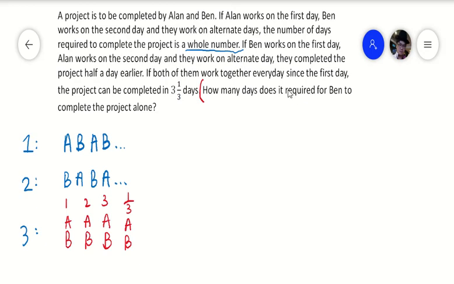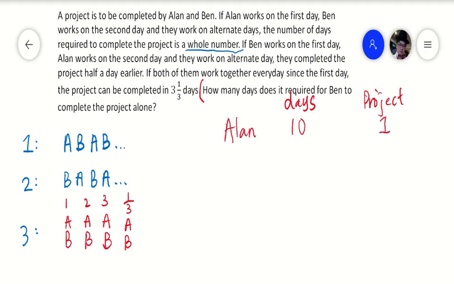Now, to solve this question, we need to understand a concept. For example, if Alan can complete the project in 10 days, this will be the number of days. So Alan completes the project in 10 days, and this is the one project.